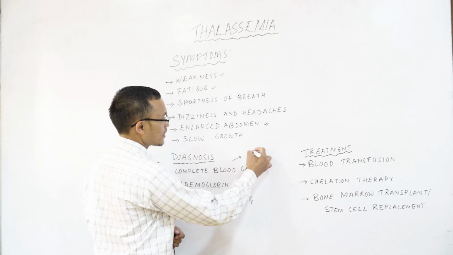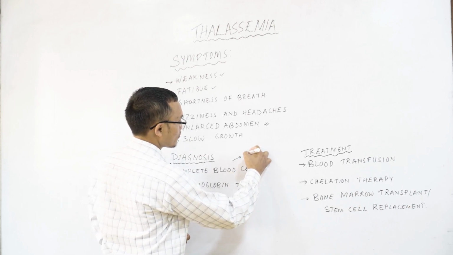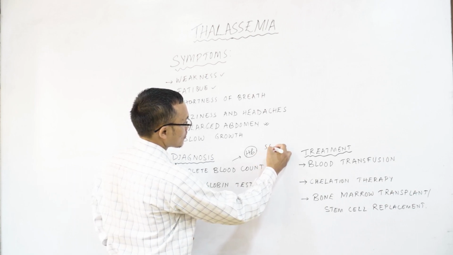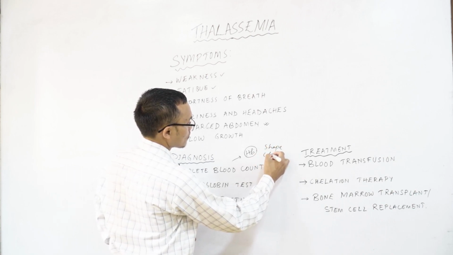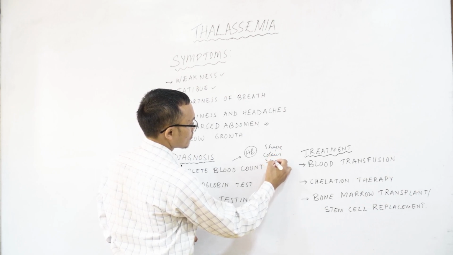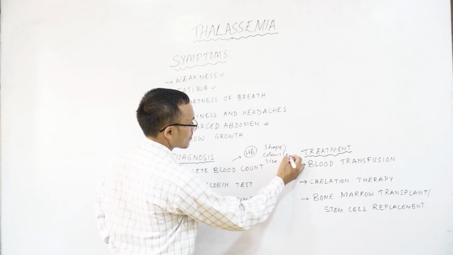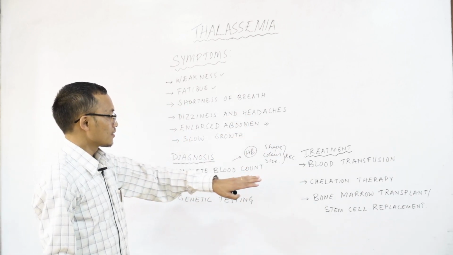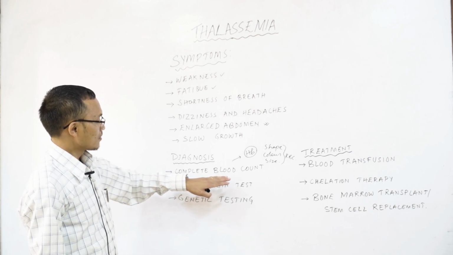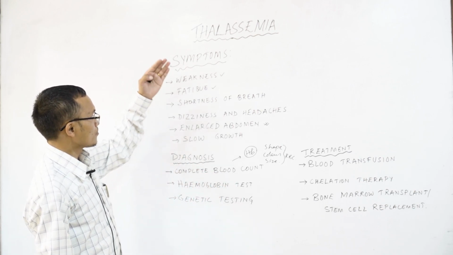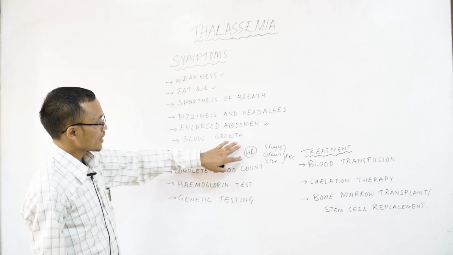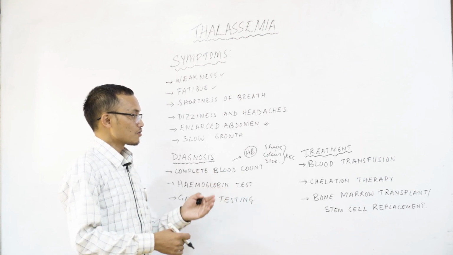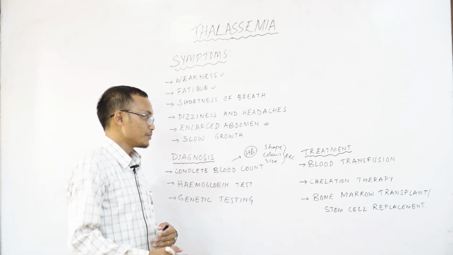This will give us the idea about the amount of hemoglobin, the shape, color and size of RBC. So this will tell us whether the person has anemia which is because of thalassemia or not. And of course we have to cross check with the other parameters to exclude the other types of anemia.